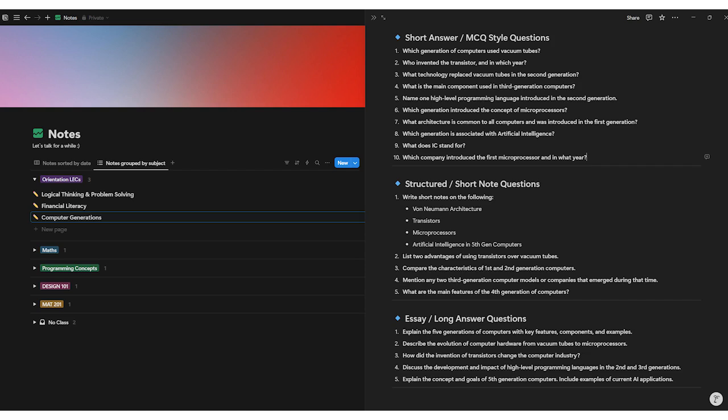Examples of it are Siri, Alexa, and there are a lot more things nowadays.